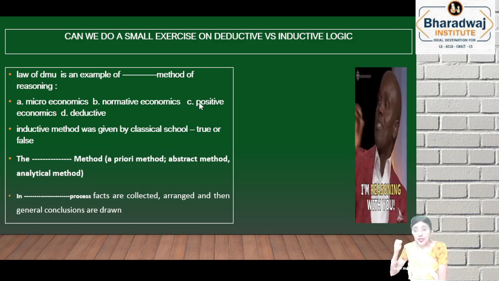First point. Second, who gave the deductive method and who gave the inductive method. Third, examples from economics on deductive and inductive. That is the main thing. And alternative names for deductive and inductive.